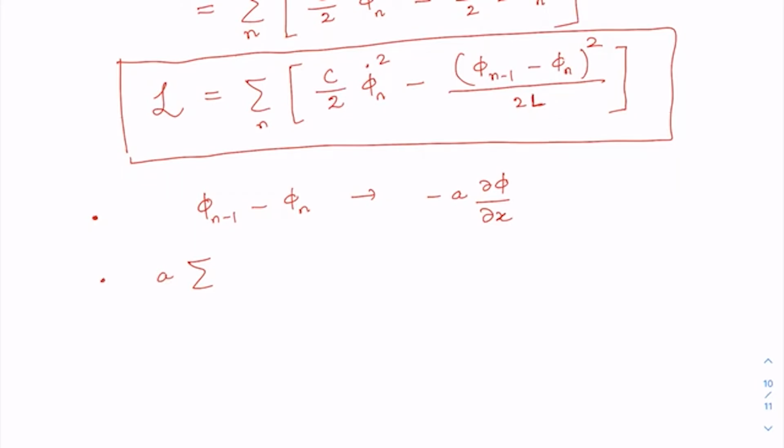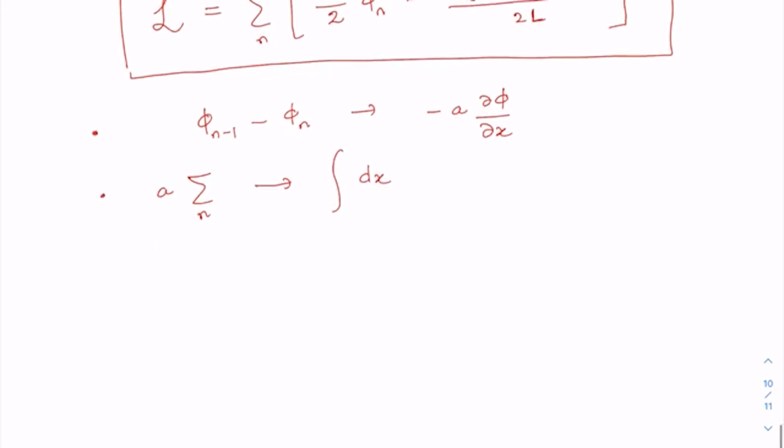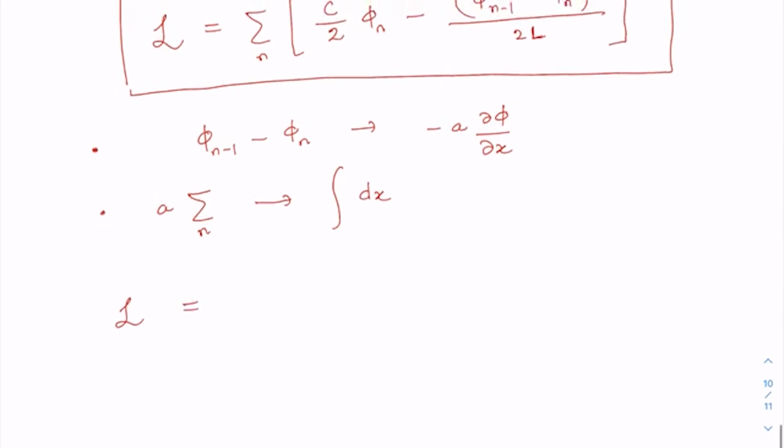That is the unit cell size, and we have to take the sum over different nodes, and this I can write as the integral dx.